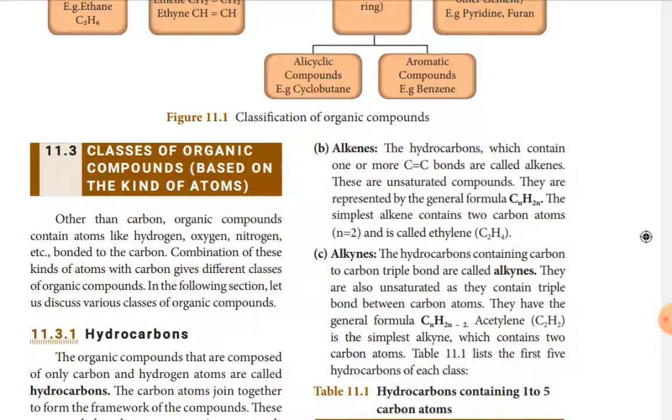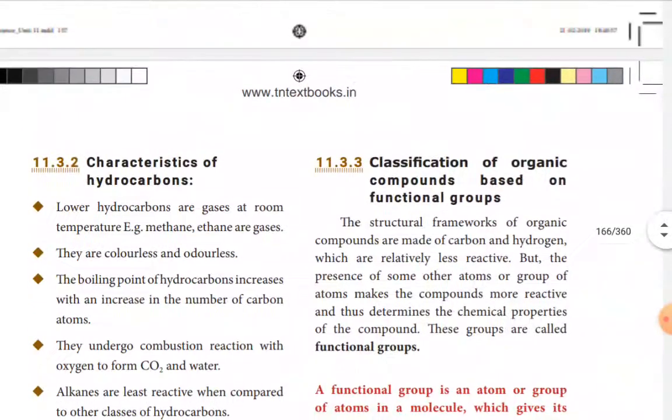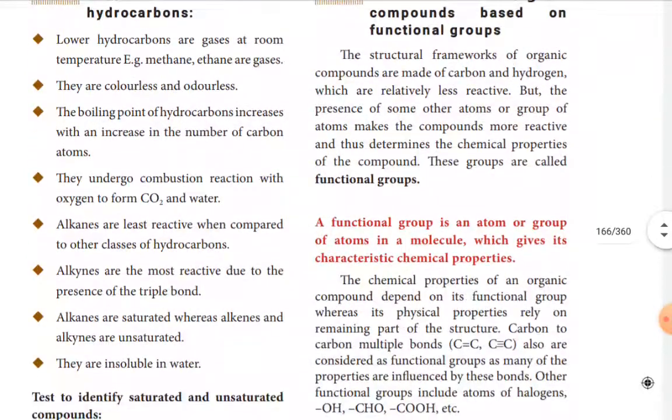Also we learned that these hydrocarbons are normally gases at room temperature, colorless, odorless, and the boiling point of hydrocarbons increases with the increase of carbon atoms, and they all undergo combustion and give carbon dioxide and water.